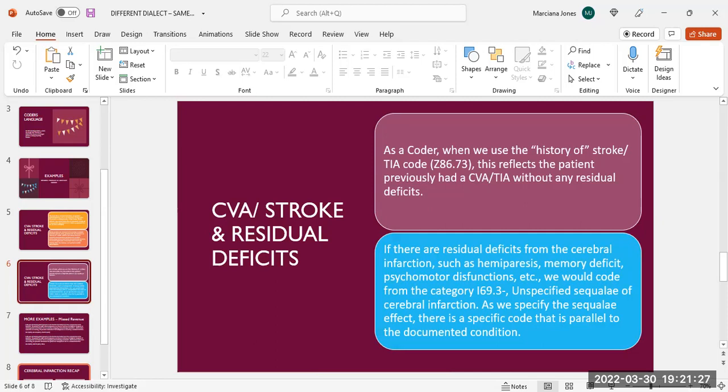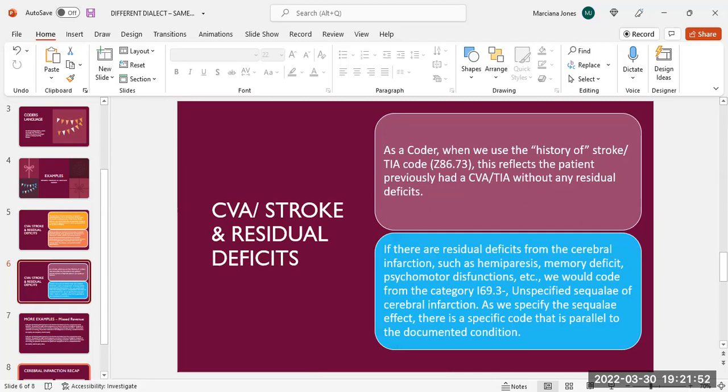Now, if there are residual deficits from the stroke, such as hemiparesis, which is pretty much paralyzed on one side, memory deficits, psychomotor dysfunctions, or etc., we will code from the category I69.3, which is unspecified sequela of cerebral infarction.